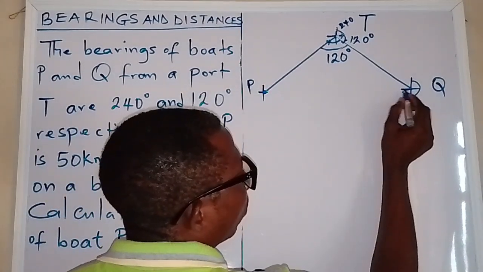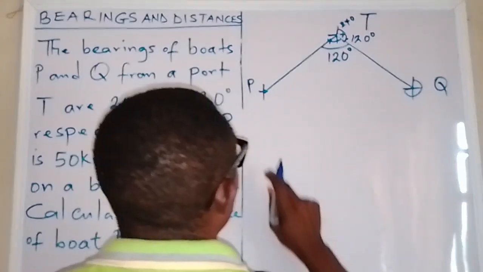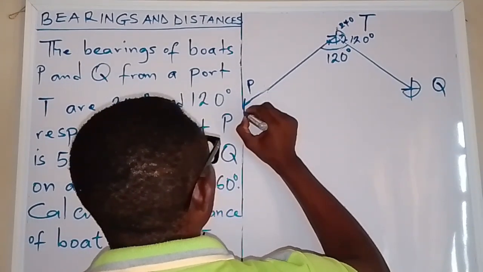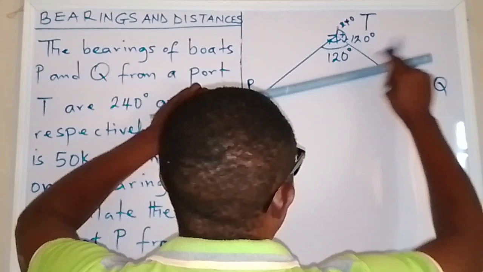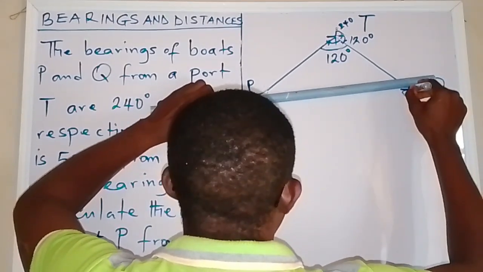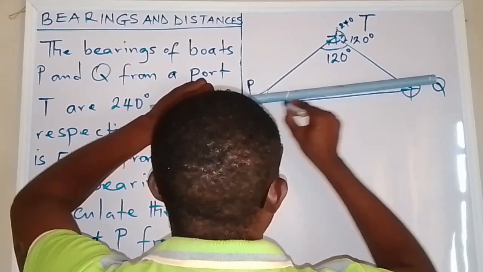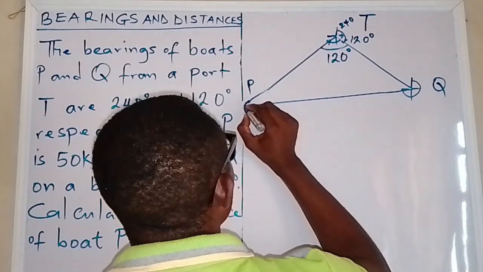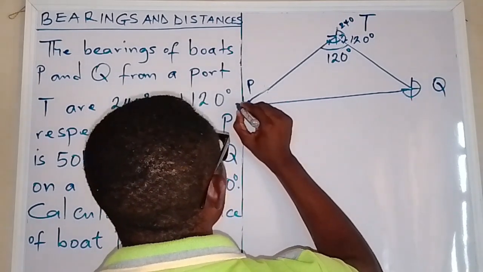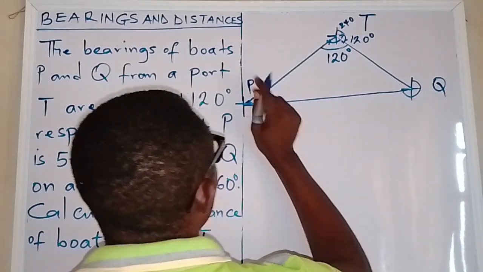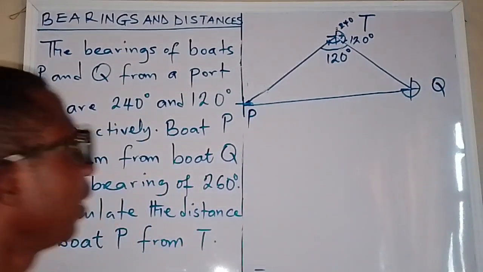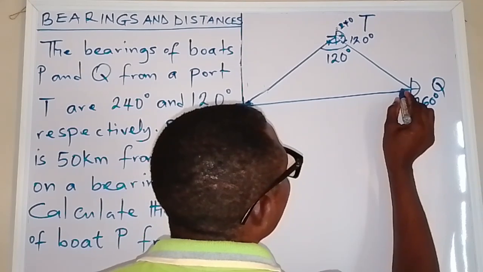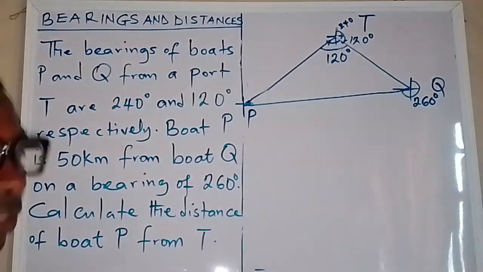So we have one small angle there, that's 10 degrees. So we can adjust this. So this point P is at 260 degrees, and we have one small angle here, that's 10 degrees.